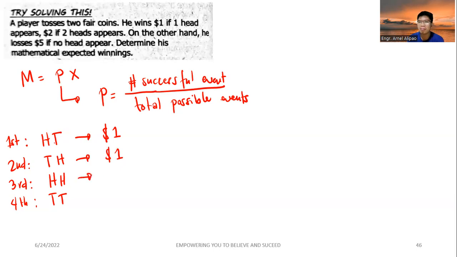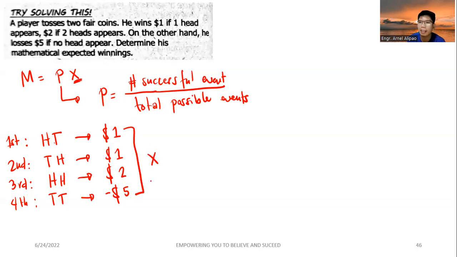And for the best event, when the player got two heads, he will be earning $2. However, the worst event is that when there is no head, and he will be losing $5. So that could be negative. All right, so I hope it's clear. So now we already have the prizes. These are the prizes, so that's for the X.